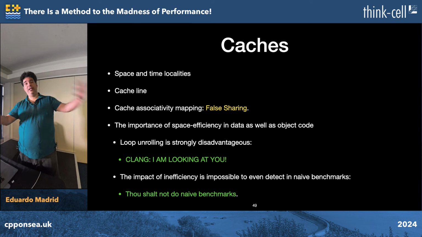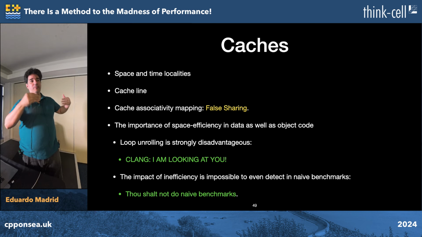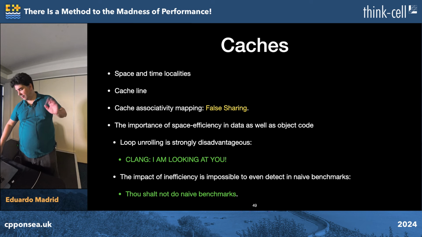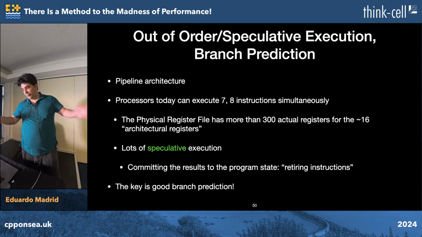My hunch of what happened with glibc is that they had benchmarks that were not representative of what they wanted to measure, and that misled them into going into profoundly counterproductive avenues. But that's my speculation. The other part that you have to be very aware of is to understand out of order and speculative execution and branch prediction in the processors.